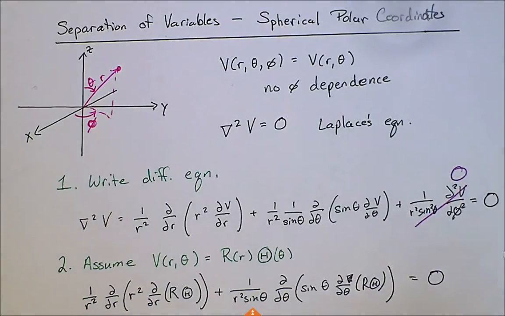So when we're doing the partials here, remember that capital Theta depends only on little theta, not on r, so it's going to come through all of these derivatives.